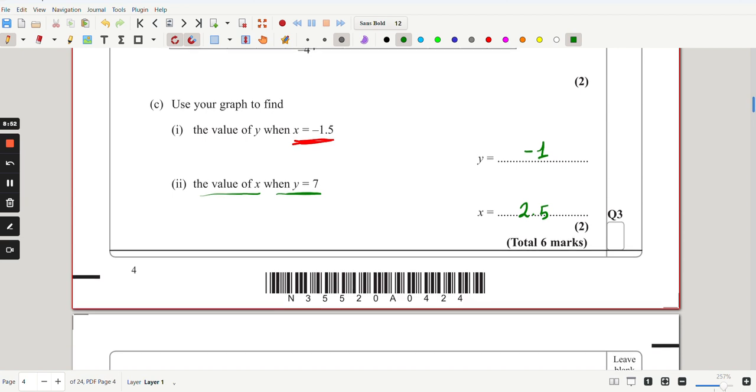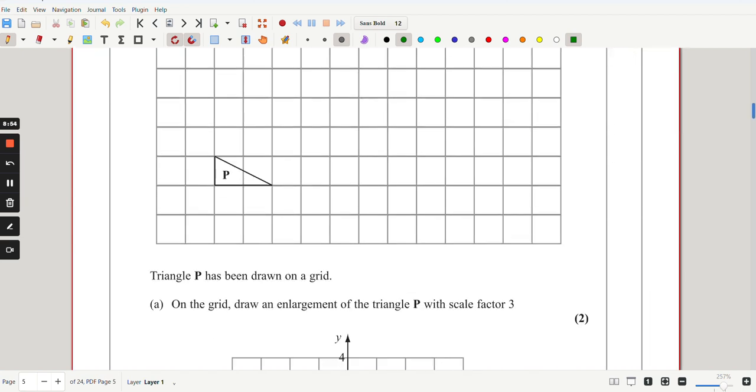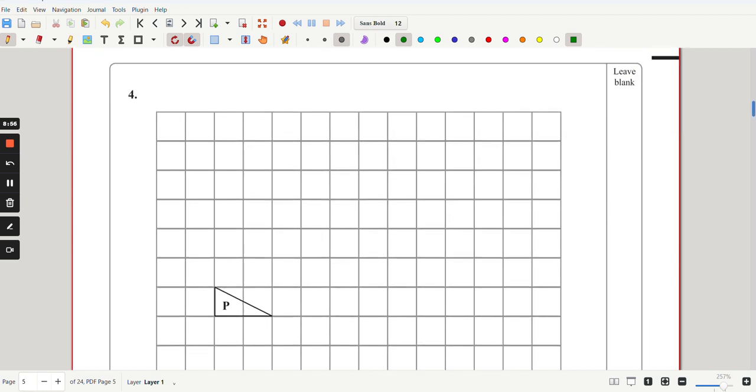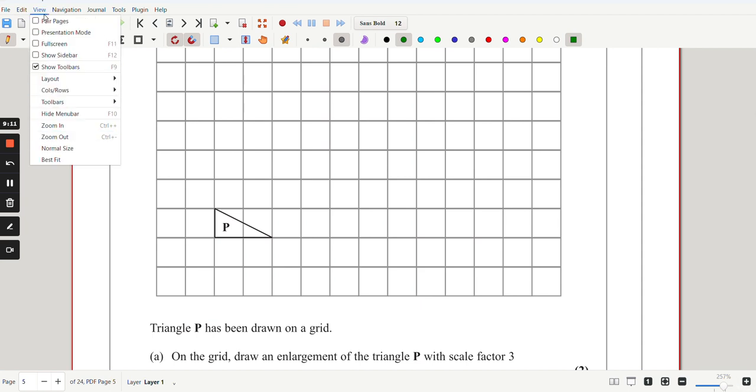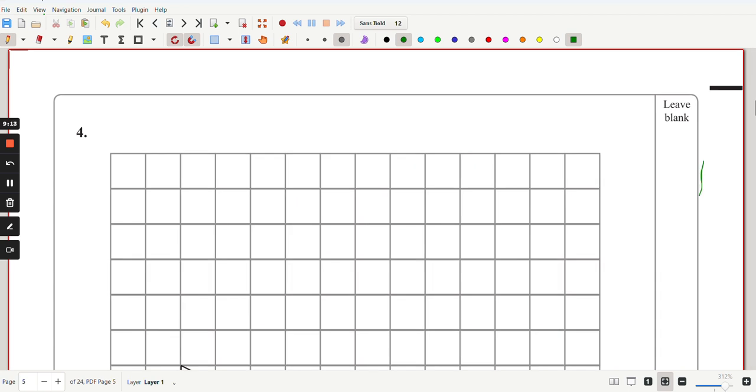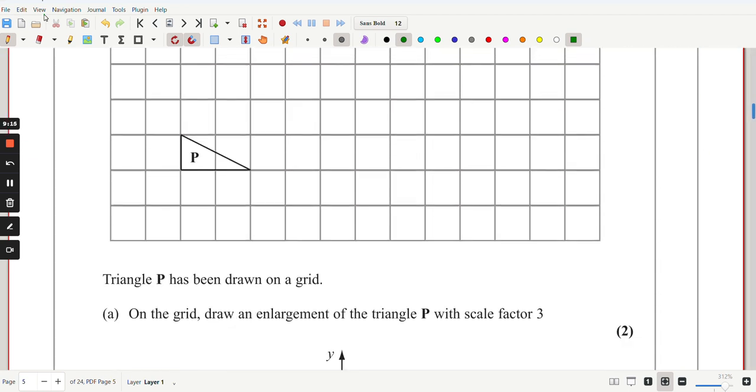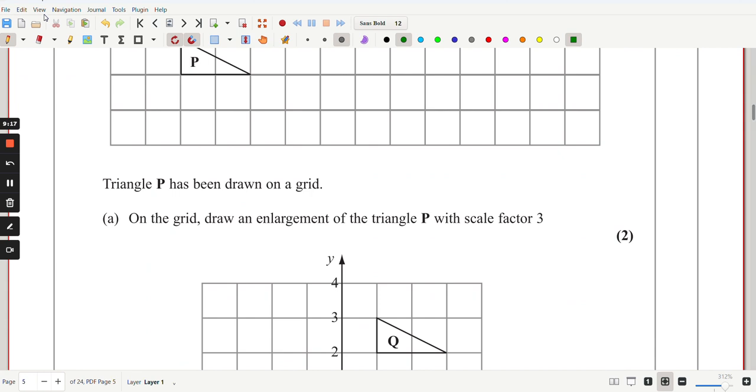Question 4. Triangle P has been drawn on a grid. On the grid, draw an enlargement of the triangle P with a scale factor 3. What do we mean by enlargement?